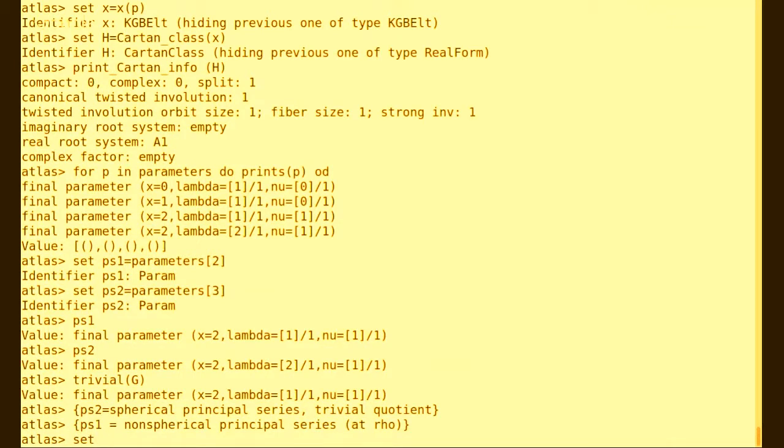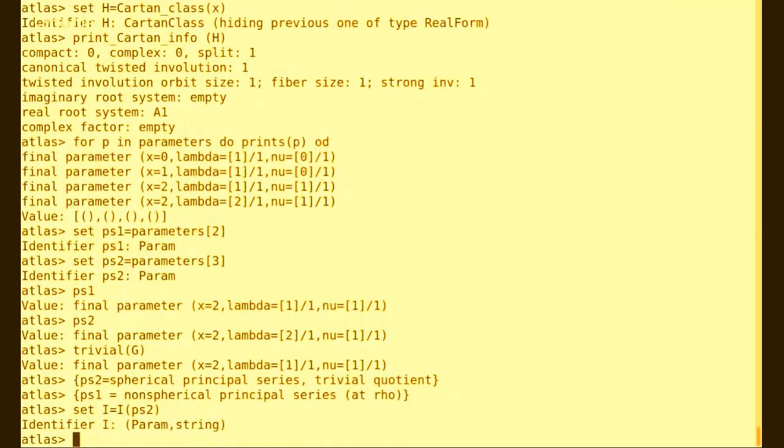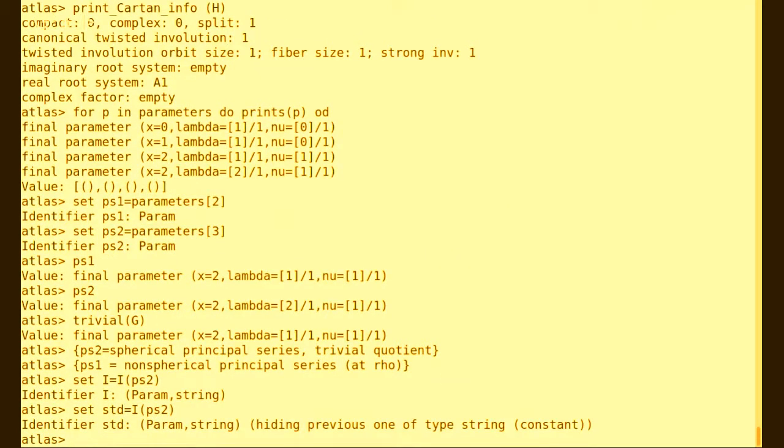Let's set I to be I of PS2. This is a standard module. It's a full induced from a principal series. And we can look at its composition series.